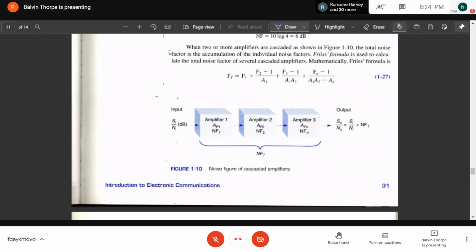But the reality is that you're going through 3 systems before you get the overall output of the cascaded system, shown in figure 110.